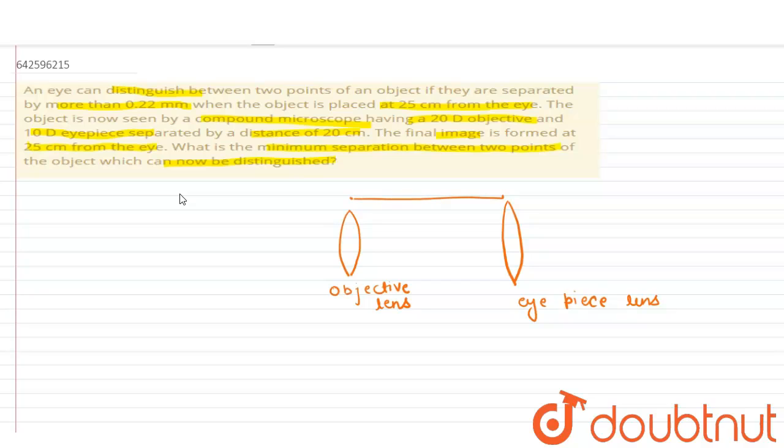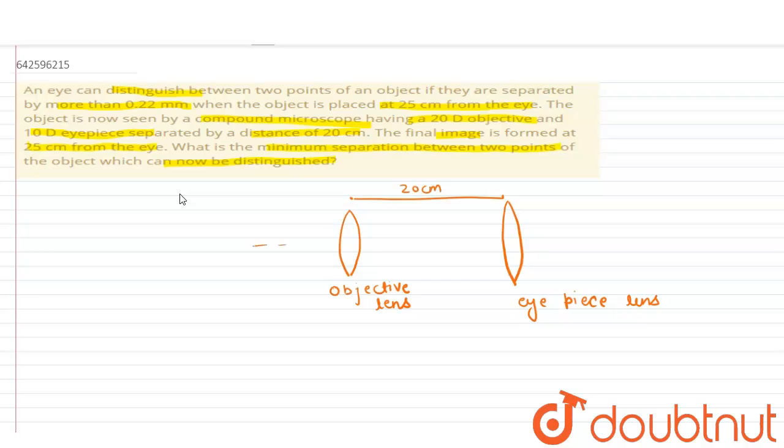So, here first we draw the diagram. Let us suppose this is a lens, our objective lens, and this is the eyepiece lens. In the question it is given that the separation between the two lenses is 20 centimeter.